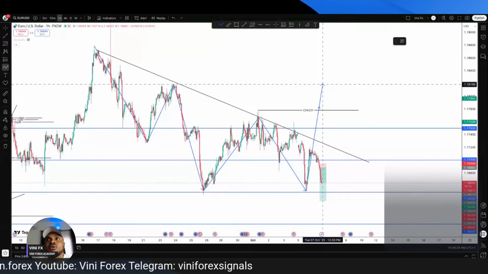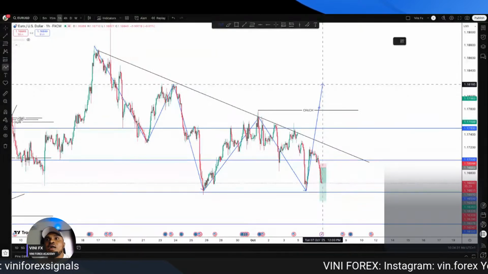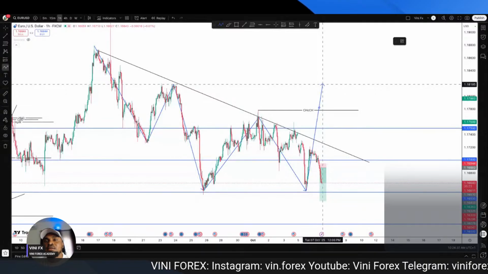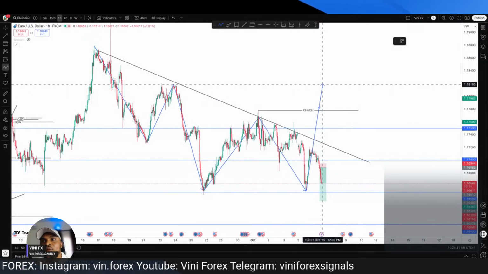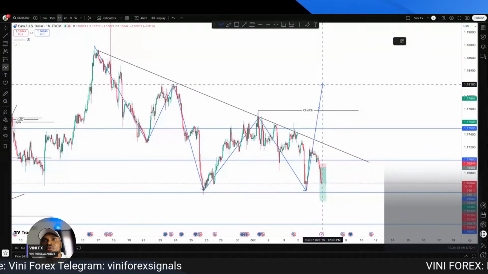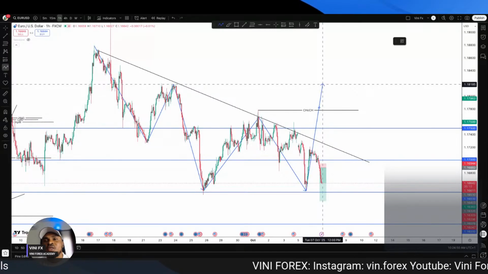So you have to allow the market to play out and give you a clear pattern, a clear price action, before you can take a buy. And before you take a buy, you must take it from a key level. You must buy from a support and target a resistance. That is how you control your trade.